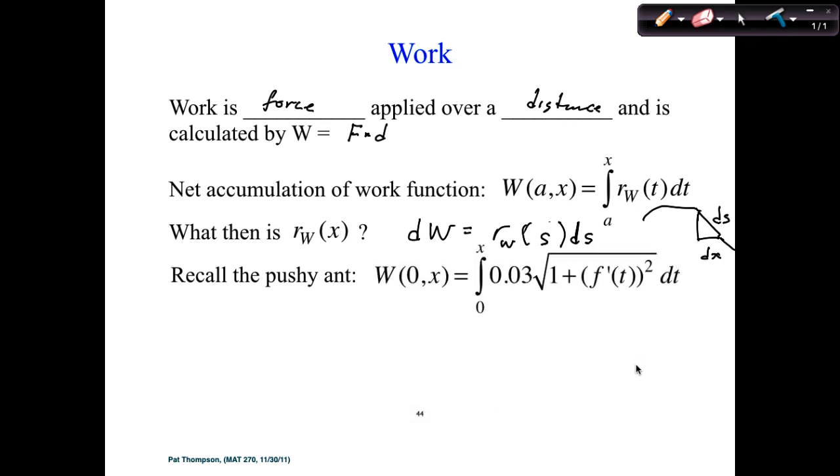Okay, and so what was this for the first pushy ant problem? We had a constant force in the direction of the curve. So then what was this about? Why did we need this? If this was the force in the direction of s, in the direction of the curve, why did we need that? Do you remember?